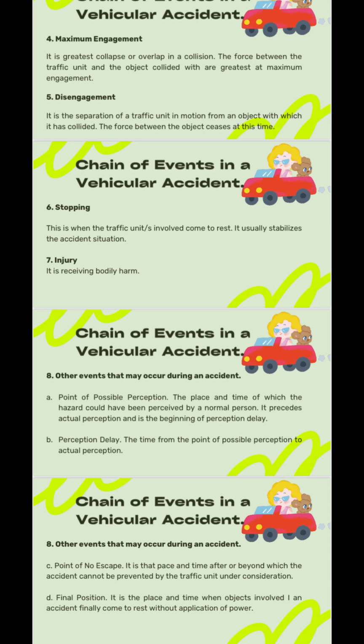The point of no escape is when the car is too close to the pedestrian and can no longer stop in time to avoid hitting them. There is no way to escape, the collision happens right away.